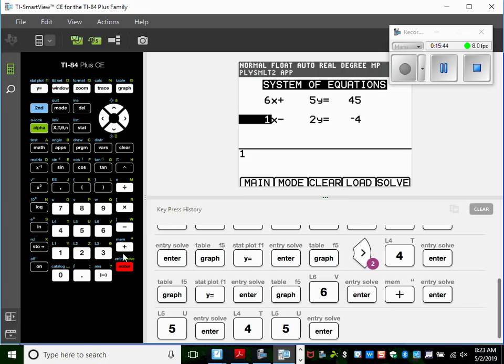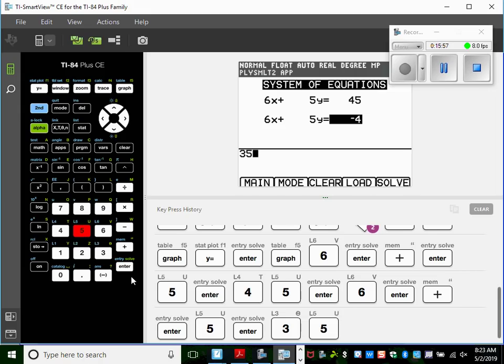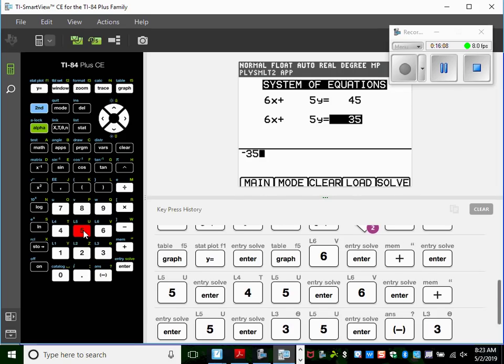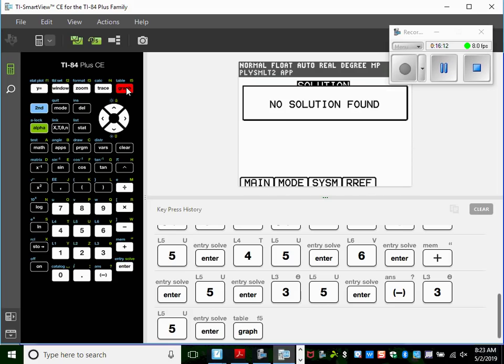Okay, next one is 6 again, enter, plus, enter, 5, enter, and then 35, enter. All right, I hit graph. All right, so negative 35. Thank you. Enter. All right, and then we're going to hit graph.